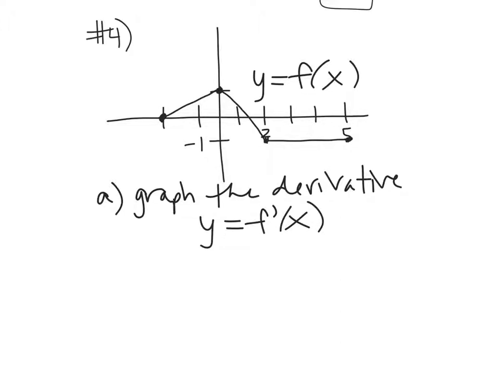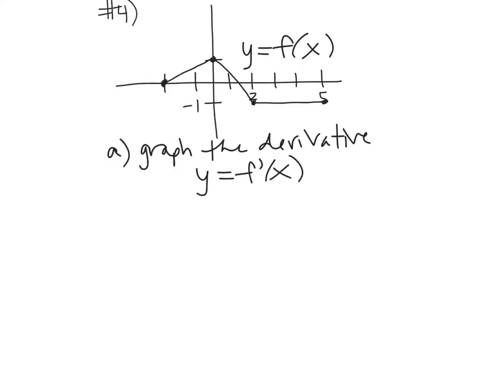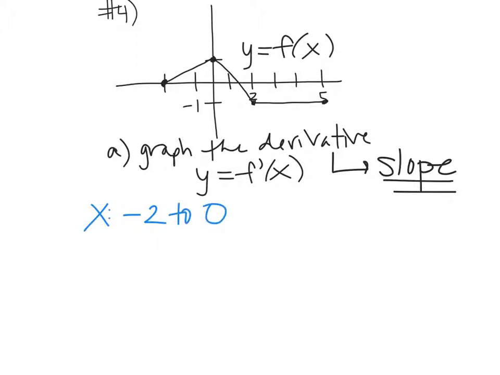Okay? So here we go. Now, the derivative, if you remember, is the slope of the tangent. Okay? It's the rate of change during those points. Now, if you take a look at this, when x is from -2 to 0, that part right there has a specific slope.